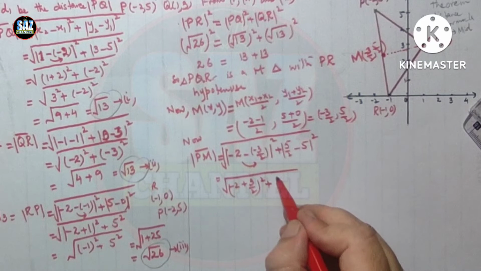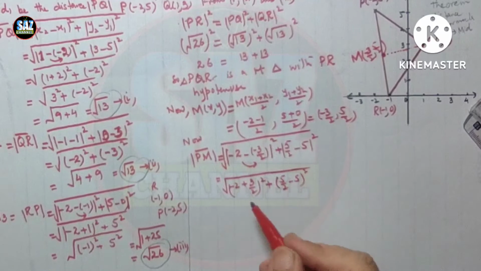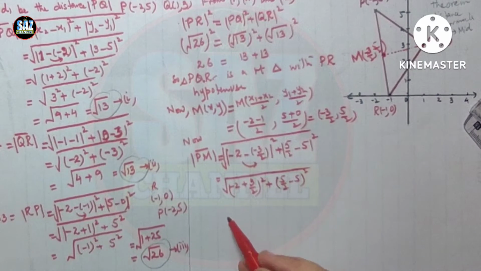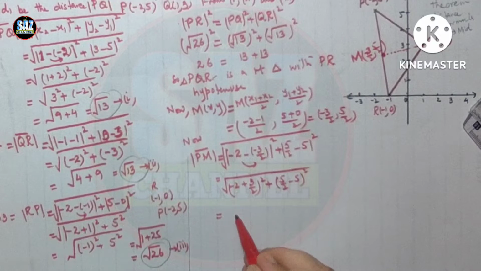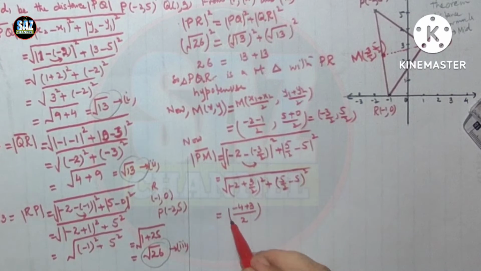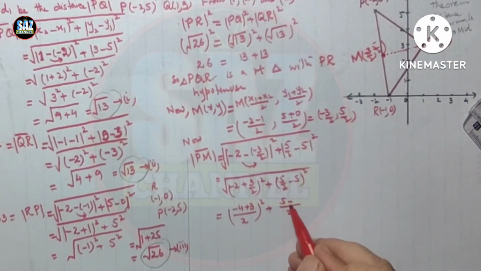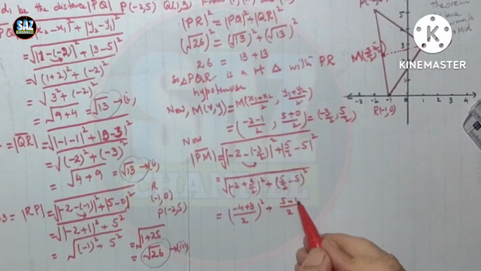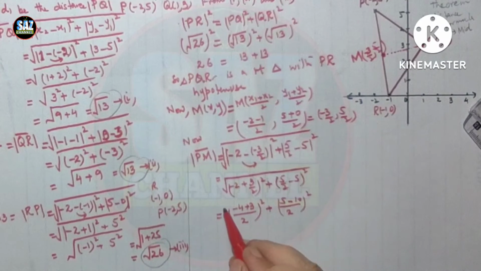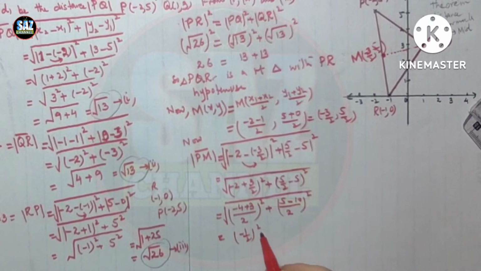Now in order to solve this I have to take the LCM. So 2 will be the LCM here: minus 4 plus 3 whole square plus, again 2 is the denominator, 5 minus 10, 2 times 5 is 10, by 2 whole square, and then this will become minus 1 by 2 square plus 5 minus 10 is minus 5 by 2 square, and I have to put the square root as well.